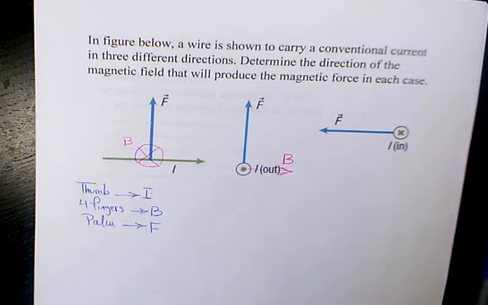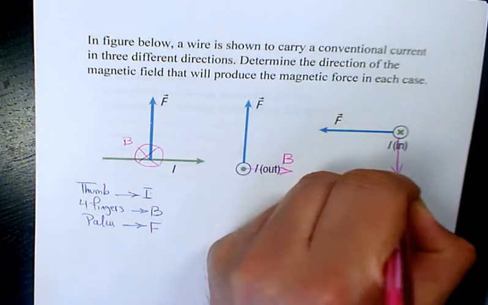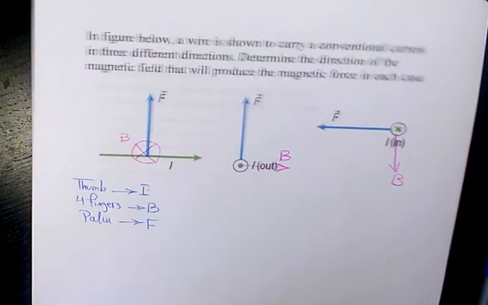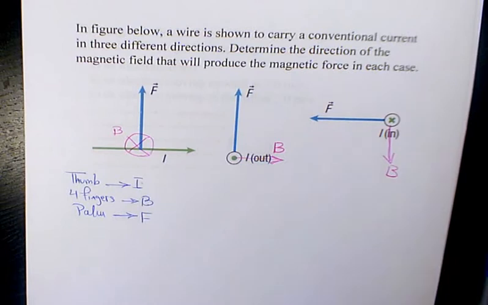And the last one, thumb is going into the page and palm is going to be to the left. So in this case, B is going to be toward down or toward south. So that's how we find out the magnetic field direction using four fingers of the right hand.